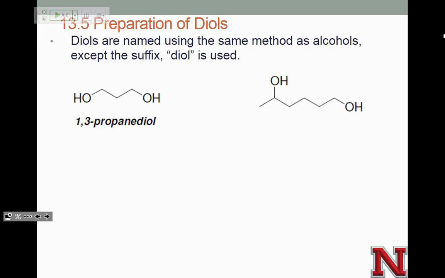So these are just 2 diols, and the only difference with our name is we're going to have di in the name, and we do have to specify where both oxygens are on our parent chain. Because of course they could be anywhere on our parent chain, so we need to specify that functionality. Again, just like before, the 1,3-propane diol can also be propane 1,3-diol. That's also acceptable.